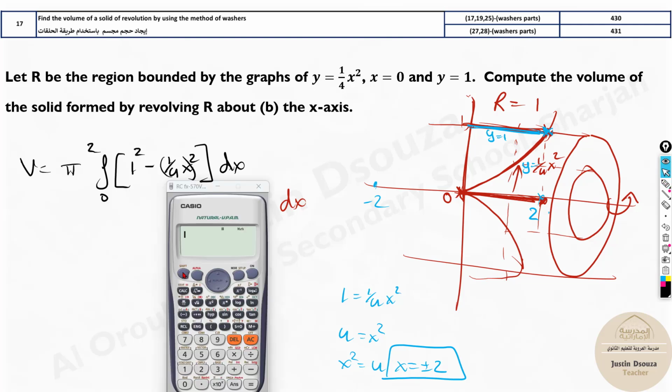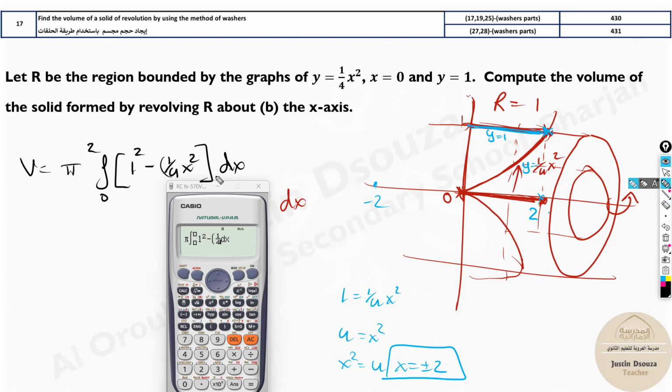Now all you need to do is write pi first. Pi integral, it is 1 square minus, now here because we have to square it, remember use the bracket, that's 1/4. Wait a minute, I just realized that I've written this wrong. It is 1/4 x squared.